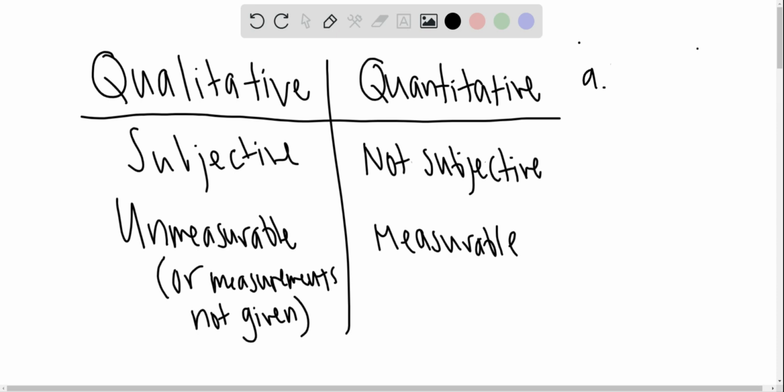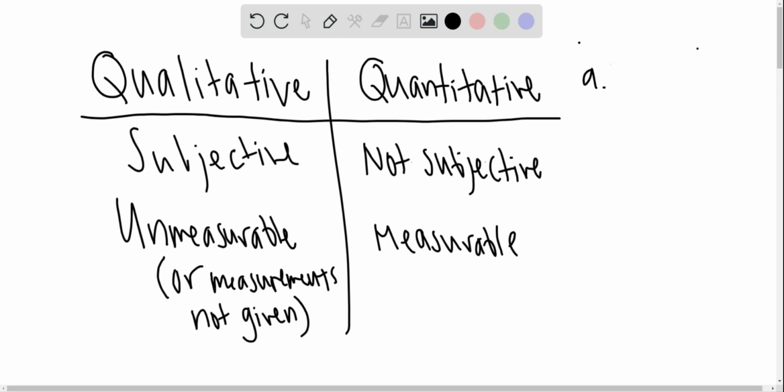Now, you could measure how many points I scored in that basketball game, and you could measure how many points he scored in that basketball game. You compare it to see whether it's true, right? But since the measurements aren't given, it is still a qualitative statement. So that's kind of a tricky, special scenario there. So qualitative statements are basically either unmeasurable or the measurements just aren't given.